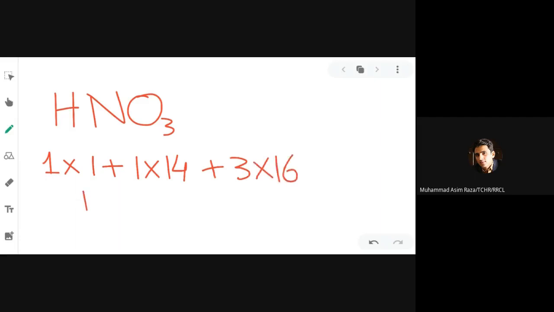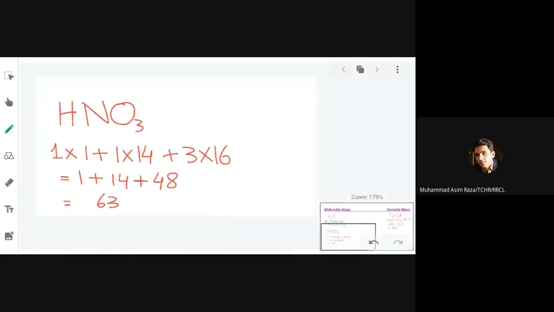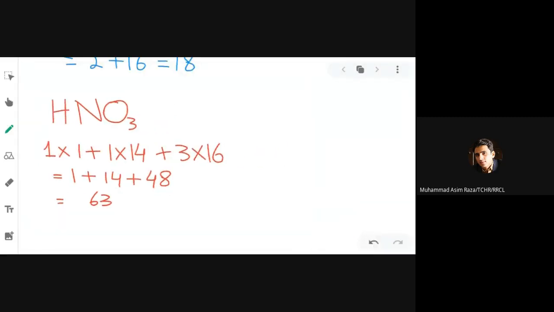So 1 plus 14 plus 48, so the answer will be 63. So you look here that the molecular mass of HNO3 is 63.